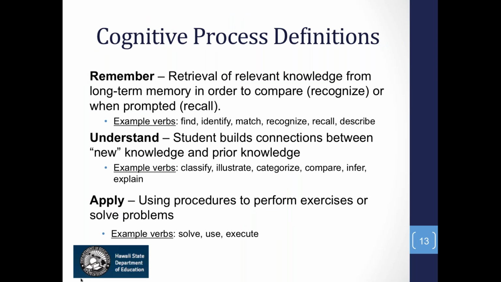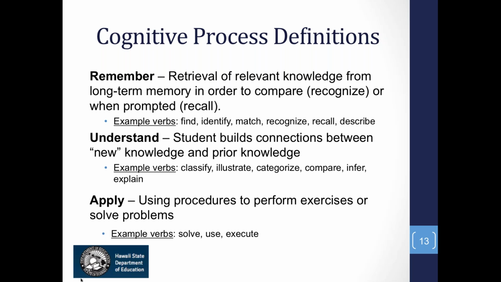So in terms of remember, some of the example verbs that you might see in an item have to do with recall or recognition. So the type of verbs you'll see are find, identify, match, recognize, recall. Sometimes describe if it's a very simple description. At the understand level, which is the next level up, some of the verbs you might see are classify, illustrate, categorize, compare, infer, explain.